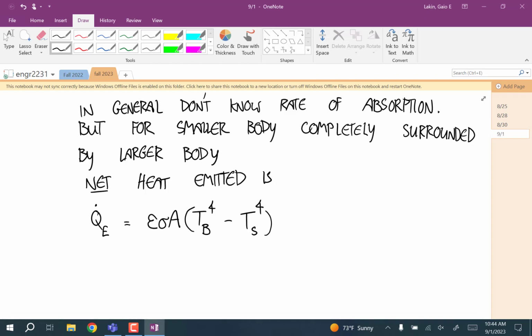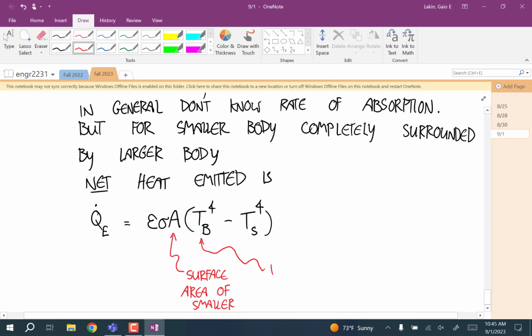Okay, so this A is the surface area of the smaller body. T sub B is the temperature of the smaller body. That's B for body. T sub S is the temperature of the surroundings.